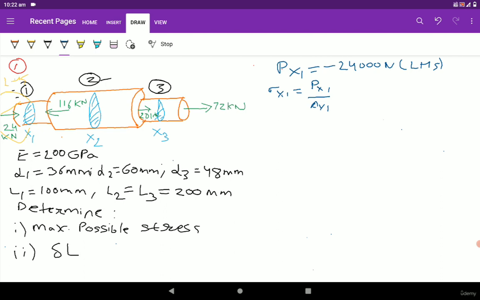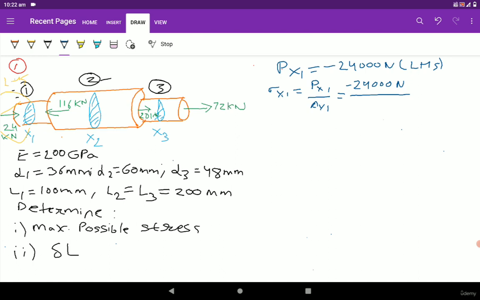We will always take this sign convention here. We are going to consider the sign while calculating the stress. And ax1 is the area of component 1, pi by 4 d1 square, where d1 square is 36 square.